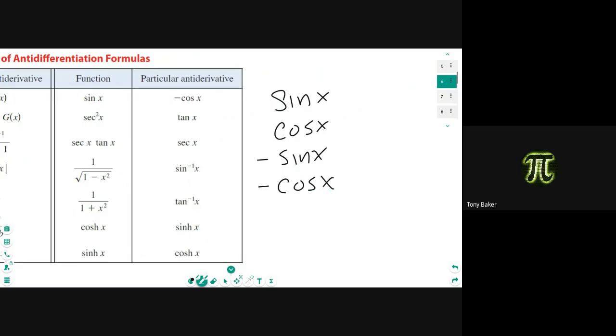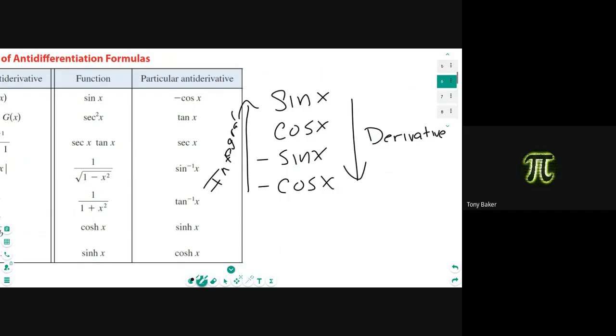And it just keeps repeating itself. So that way is the derivative. That way is the integral. So sine of x becomes negative cosine of x. Cosine of x becomes sine of x. So it's the opposite direction.